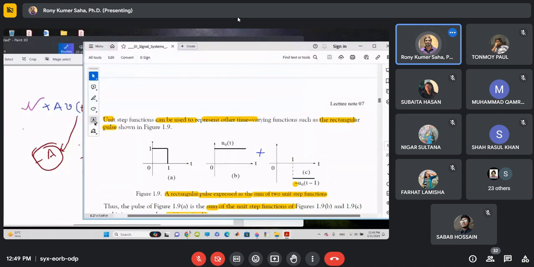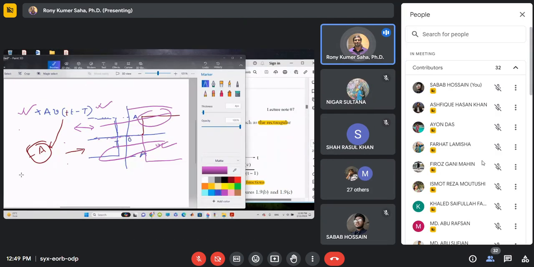For example, you're given this. Now, if you're asked to represent this one in terms of unit step function, let's try this one. So here we have okay.